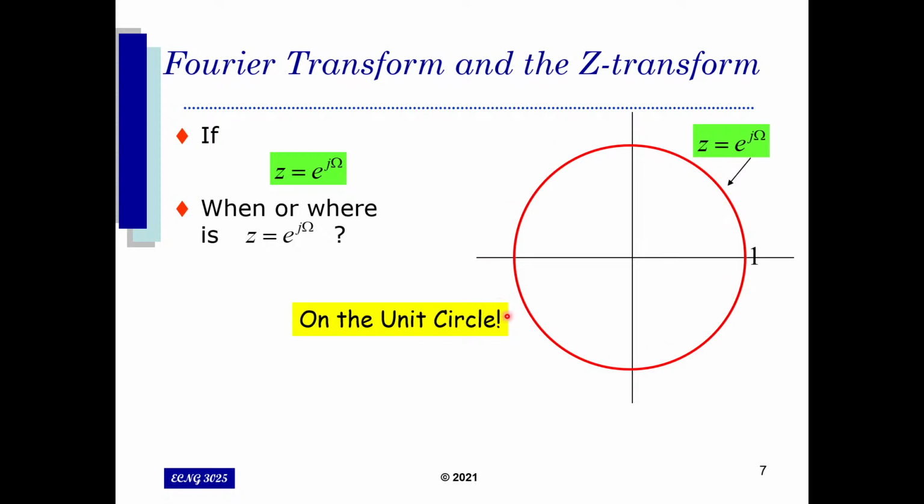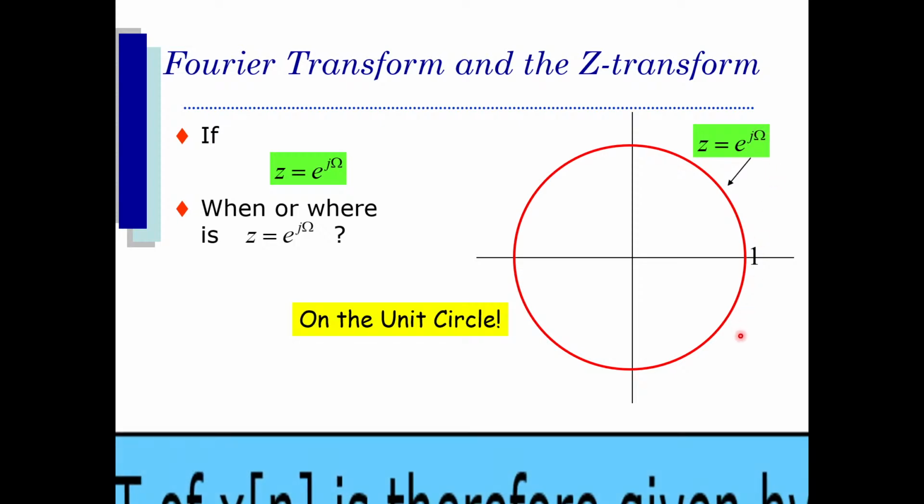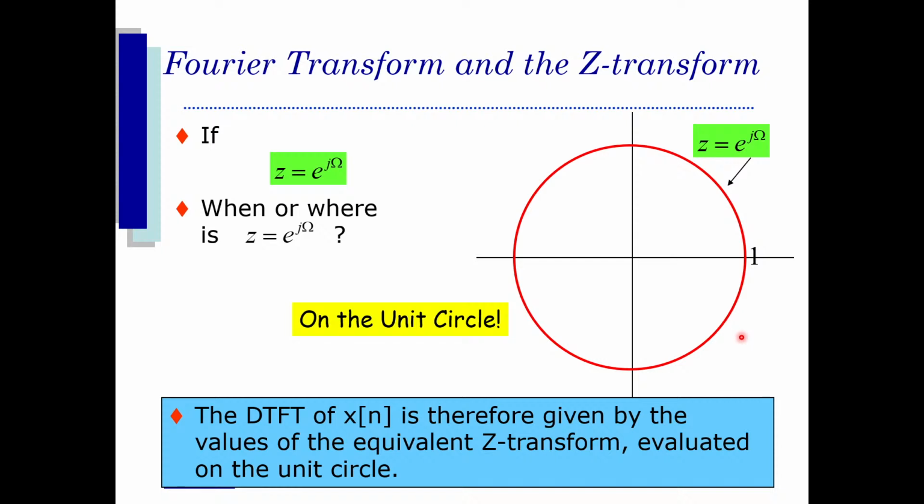So for the entire unit circle of radius 1, the circumference of the circle is where z is equal to e to the power j capital omega. As such, when you evaluate the DTFT of x of n, it's like you're evaluating the circumference of this unit circle in the respective Z transform.